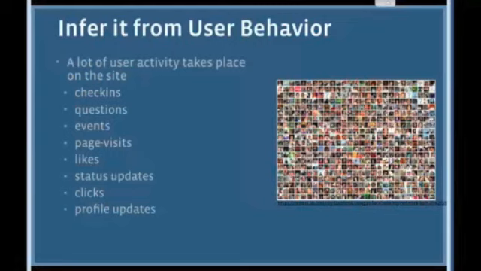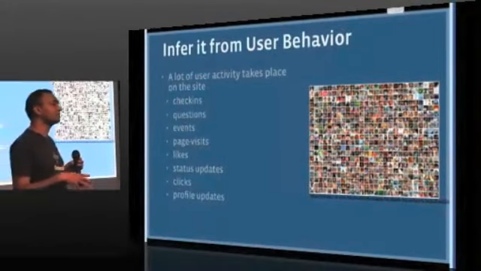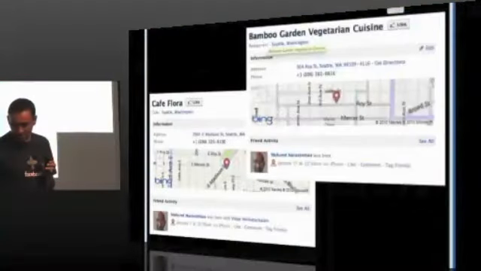So there are a whole bunch of products that Facebook has. Check-ins obviously is the most direct relationship. But there are things like questions and events and pages and likes and a bunch of different things. Then we can actually use this information to figure out information that we don't have. Here's an example.